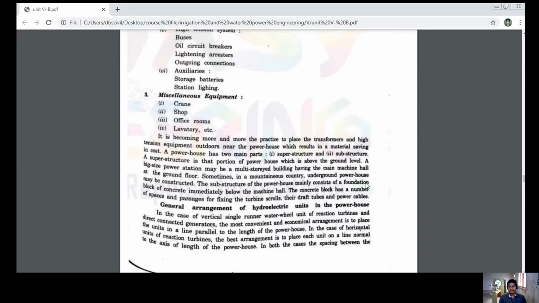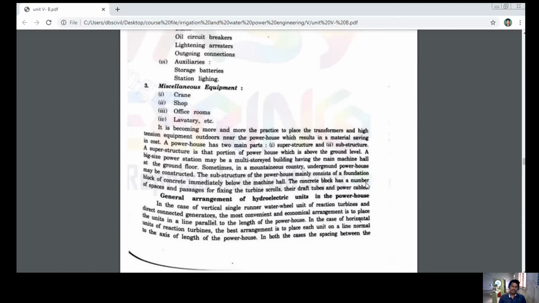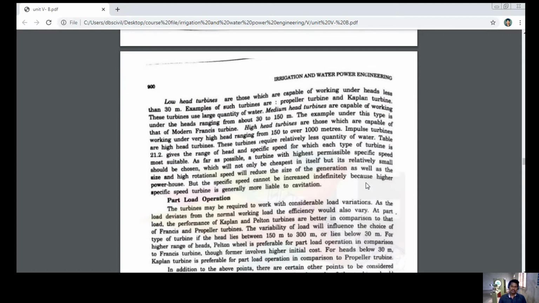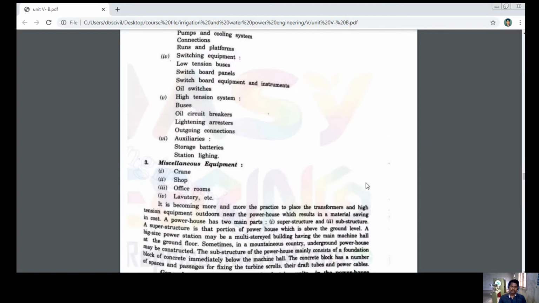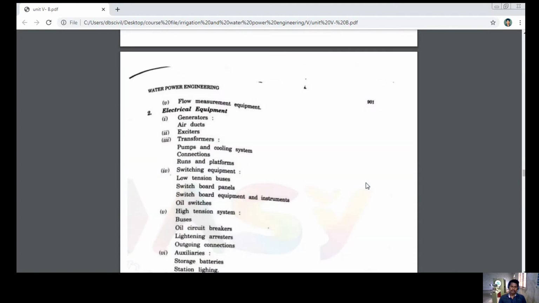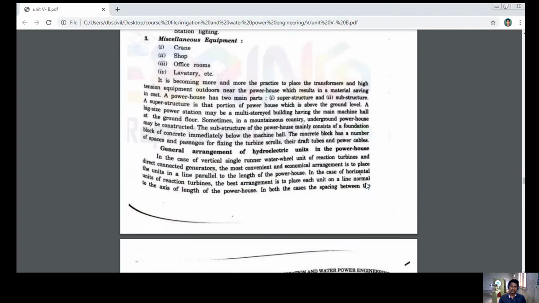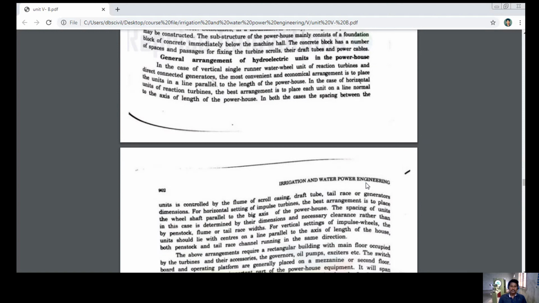A general arrangement of hydraulic units in the powerhouse. Let's see what those are. In the case of vertical single runner water wheel units of reaction turbines and direct connected generators, the most convenient and economical arrangement is to place the units in a line parallel to the length of the powerhouse.